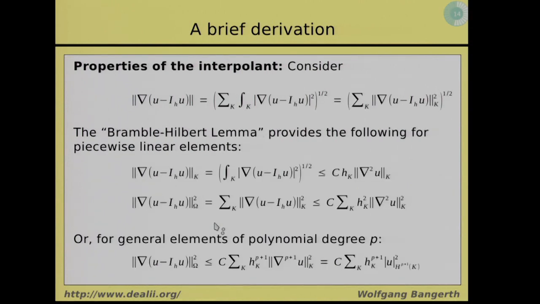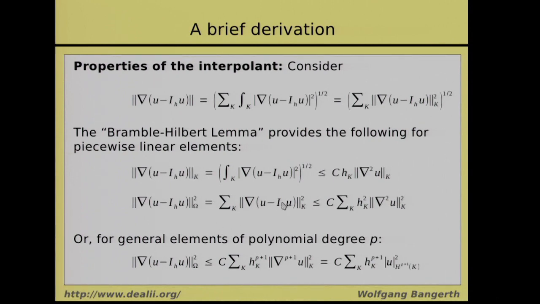So if I look at the interpolation error some more, there is a rather famous lemma by Jim Bramble, who used to be one of my colleagues here at Texas A&M, and one of his students, Hilbert. It goes by the name Bramble-Hilbert lemma, and in essence it says the following.